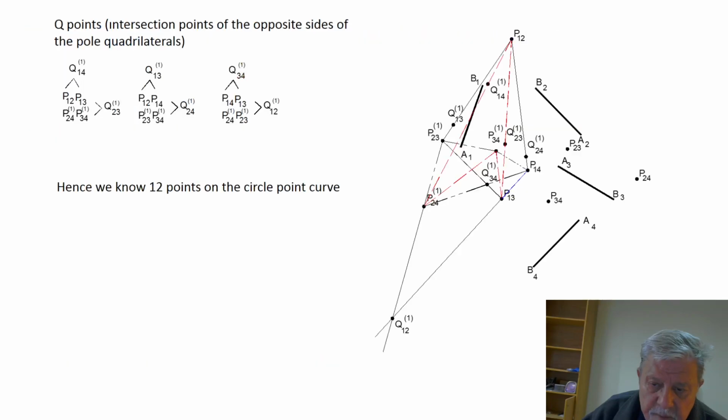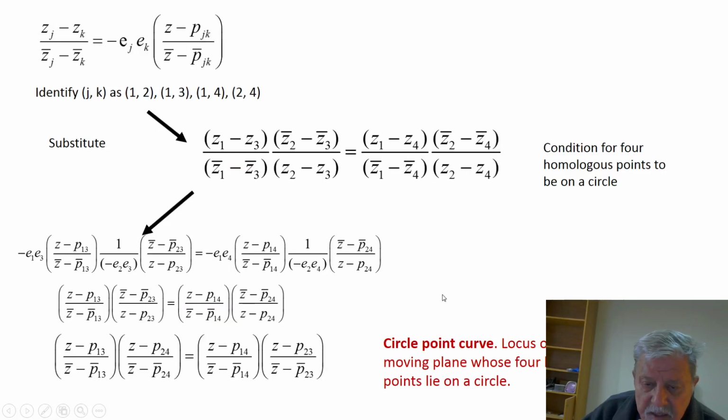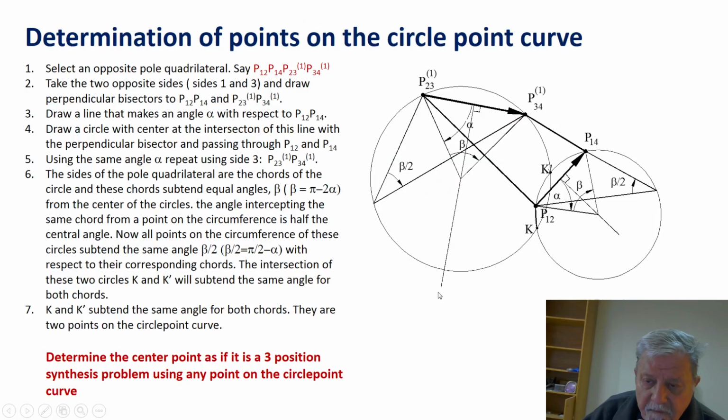Remember, let me go back. Circle point curve, the angle subtended by a point on the circle point curve with respect to opposite sides of the pole quadrilaterals are equal or differ by 2 right angles, pi. This condition is satisfied with these 2 points.